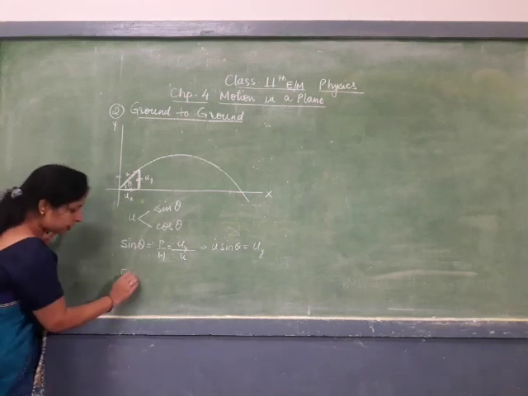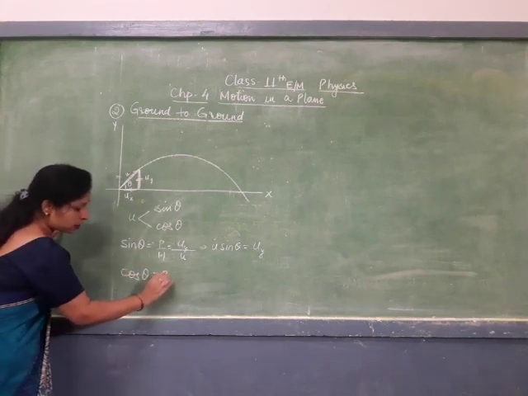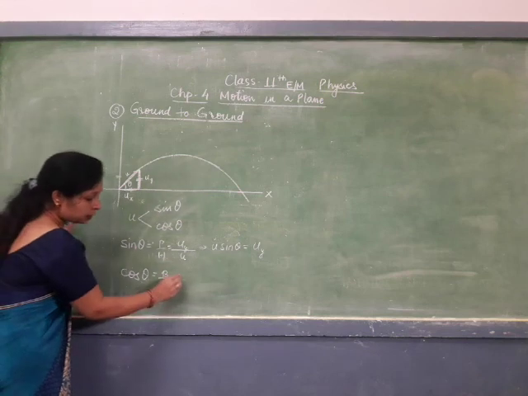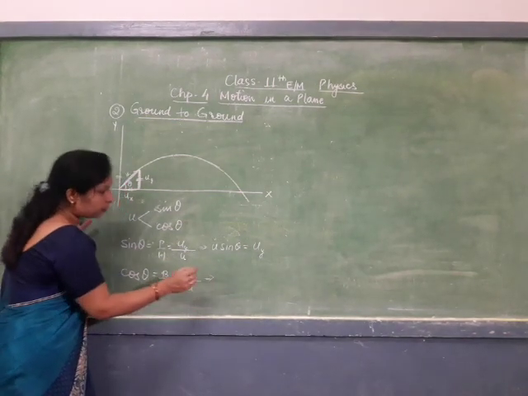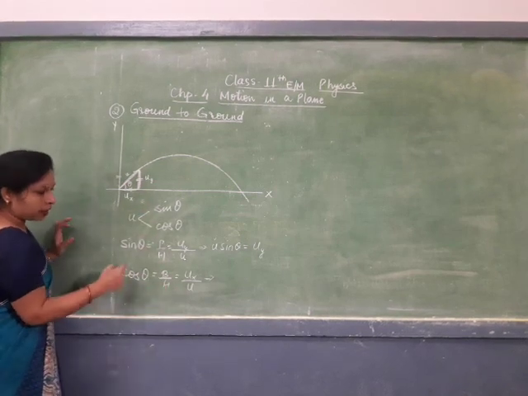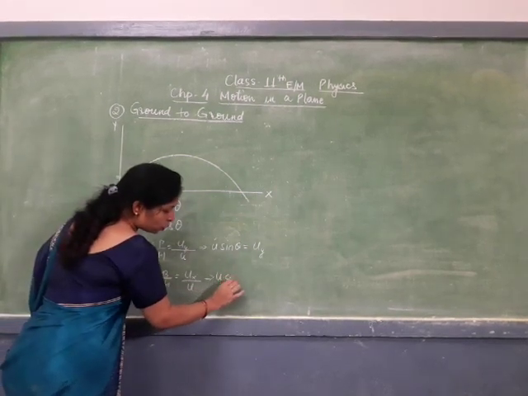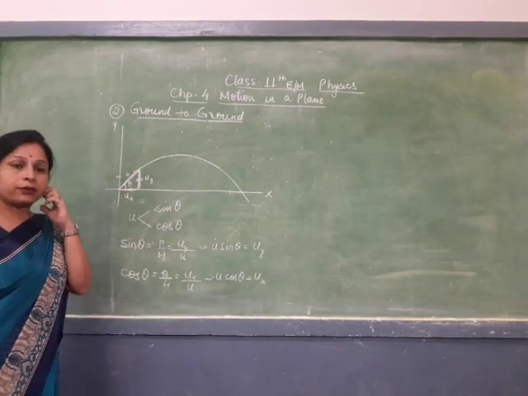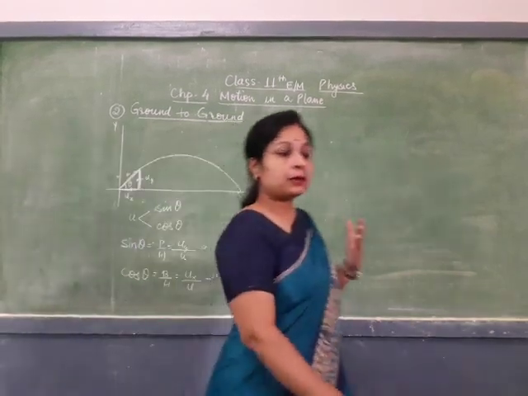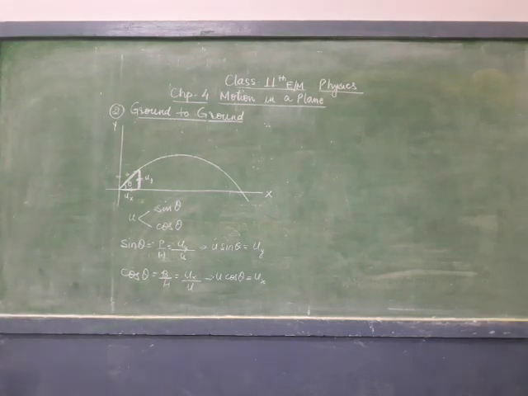Same, I can consider cos theta. Cos theta is equal to base upon hypotenuse, that means ux upon u, which can be cross multiplied and you get u cos theta is equal to ux. So here we have two components.